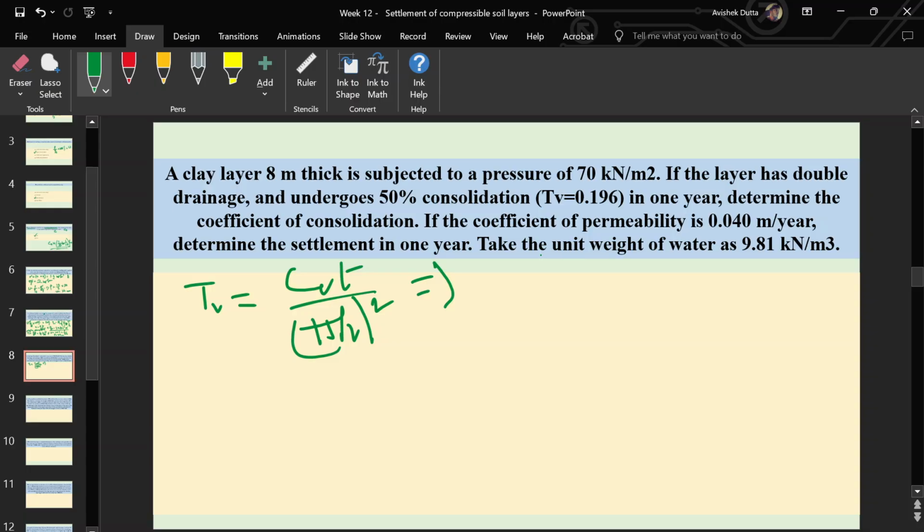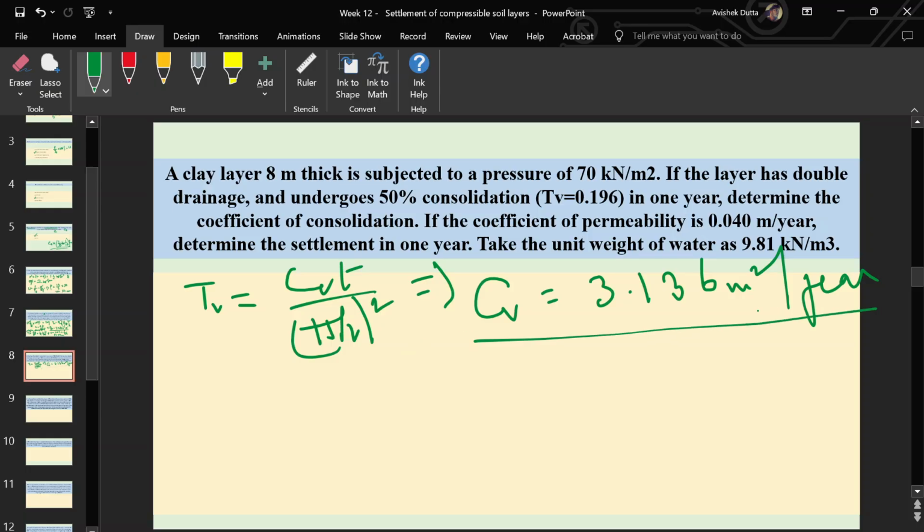H is 8 meter thick. So H by 2 is 4, square 16. So CV will be equal to 0.196 into 16, that is 3.136 meter square per year. Okay, this is correct.